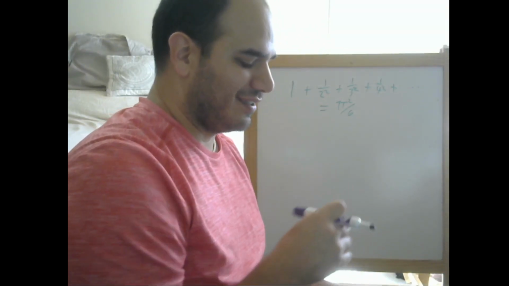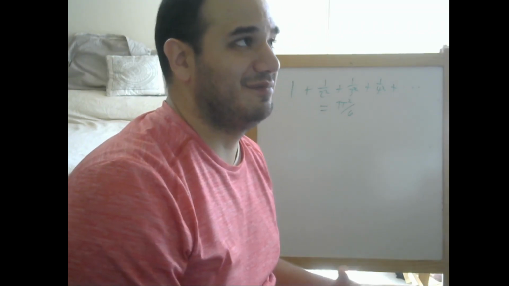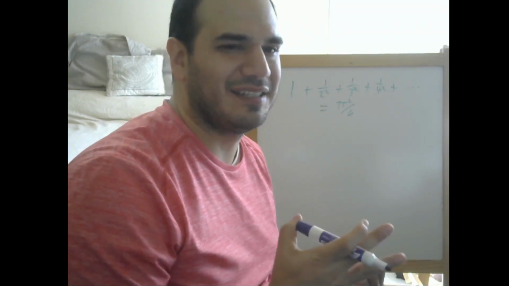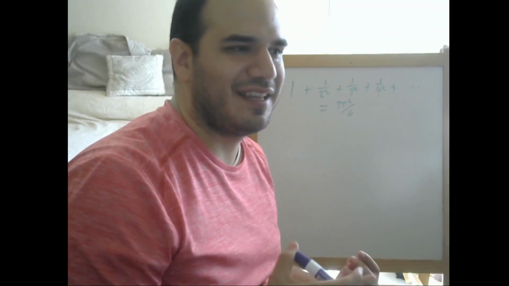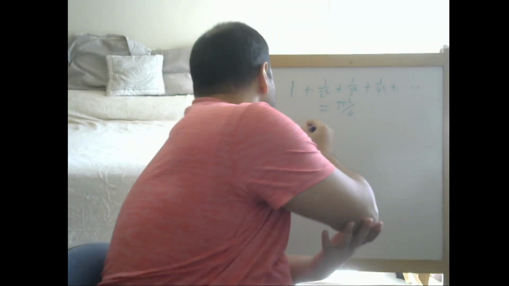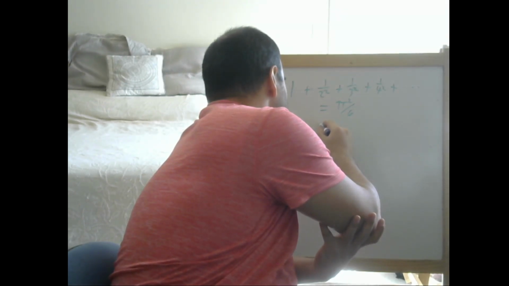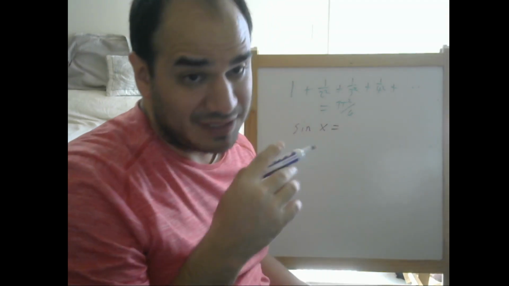So before it had been formalized that you could do such a thing, he poked around and saw whether or not it led him to an answer that agreed with what he already understood. So he had the series expansion.